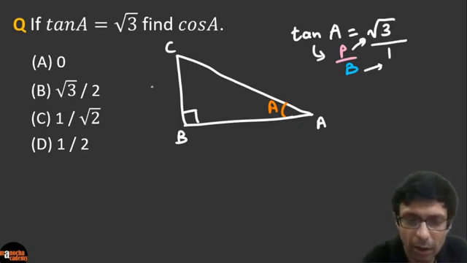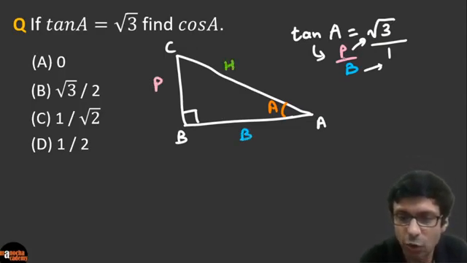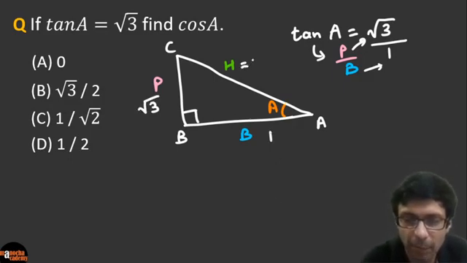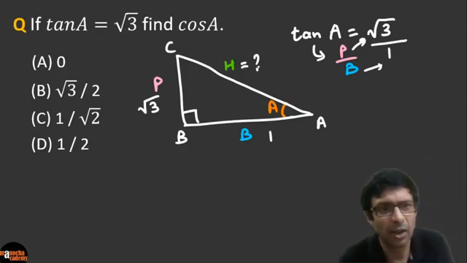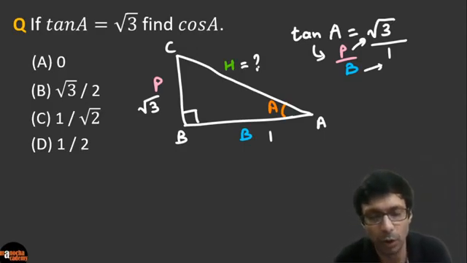So let's mark out our perpendicular here. This is the base and this is our hypotenuse, simple, right? And so perpendicular, we'll take it as root 3, or you can take root 3k. So this is root 3 and the base is 1, right? And now we need to find the hypotenuse. We don't know the hypotenuse. Okay, so clear, guys? So we've put these values in.